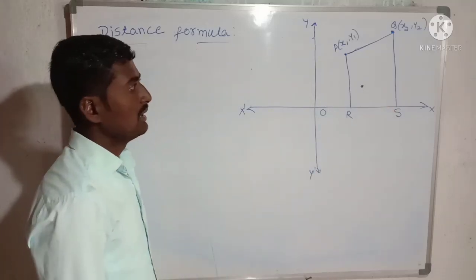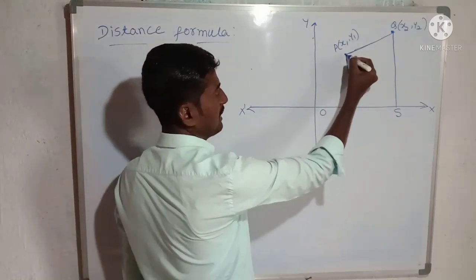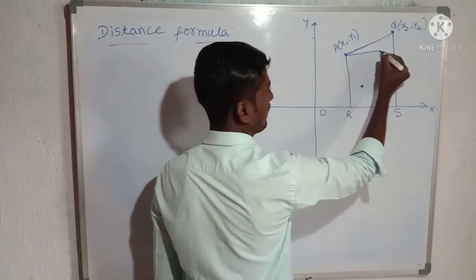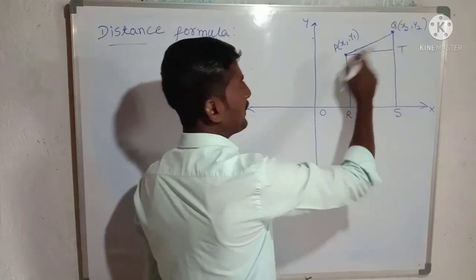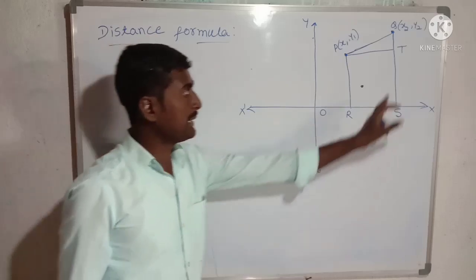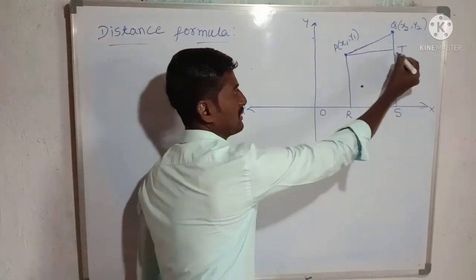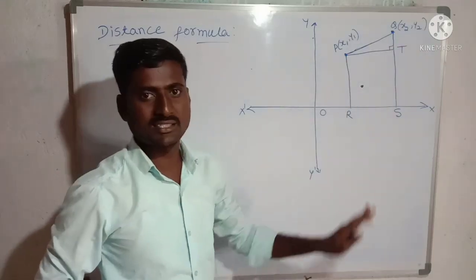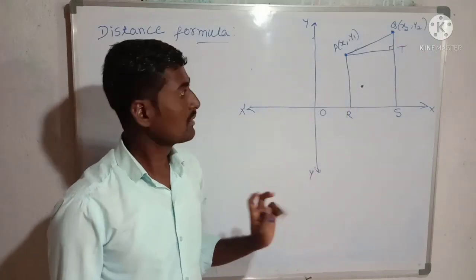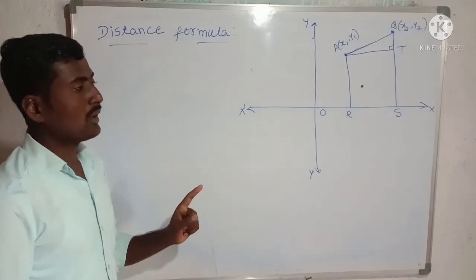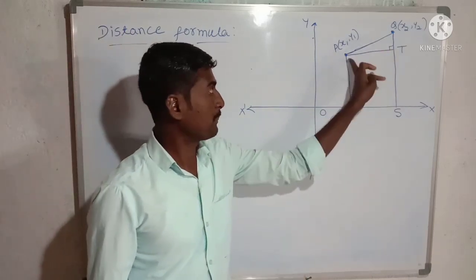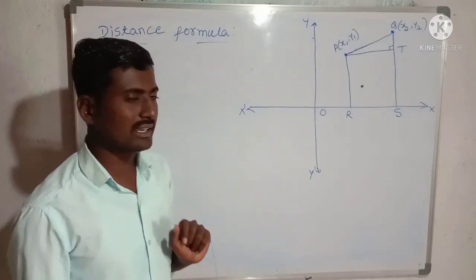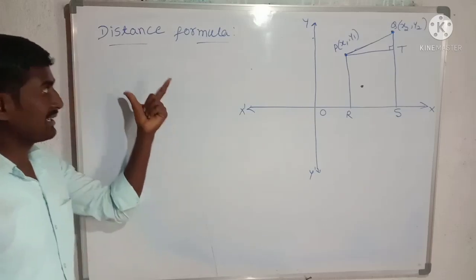Now let us draw the line perpendicular to QS from the point P. I will take it as T. PT is perpendicular to QS. So this is 90 degrees. This is all about construction only. Now we got a right angled triangle, that is PTQ.